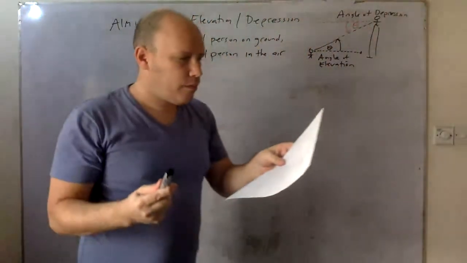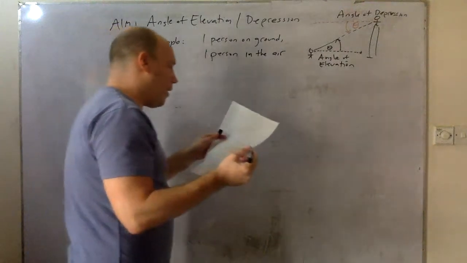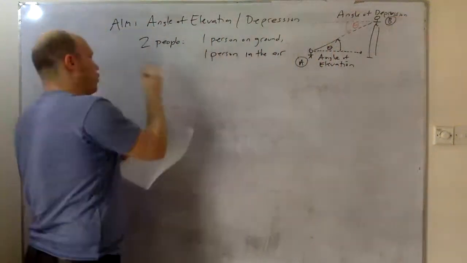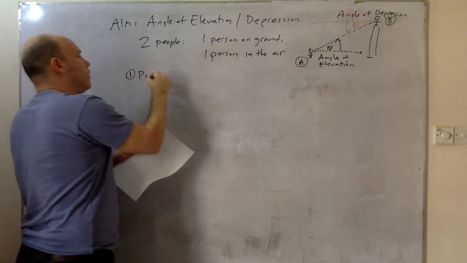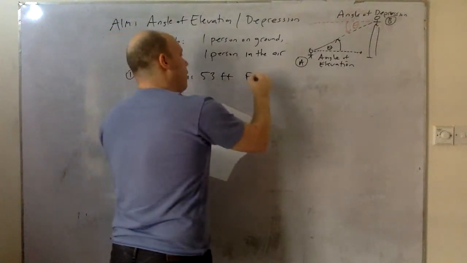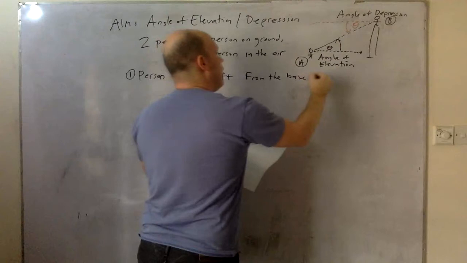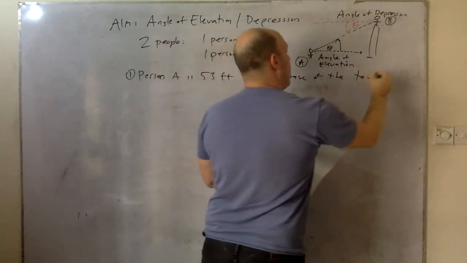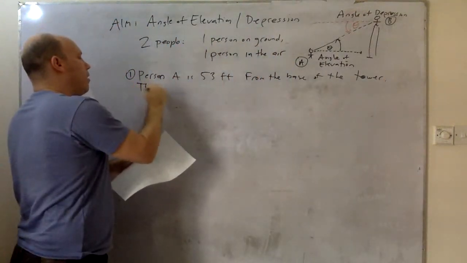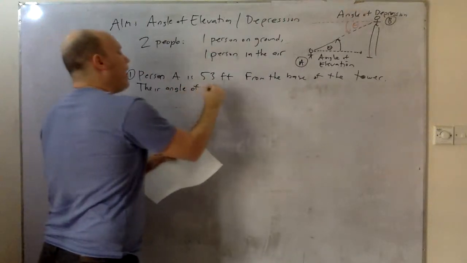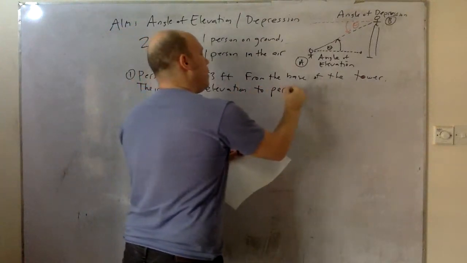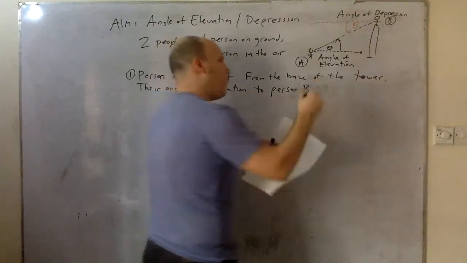So for example, let's call this person A. This is person A, and this is person B. The first question is, person A is 53 feet from the base of the tower, and their angle of elevation to person B is 48 degrees.